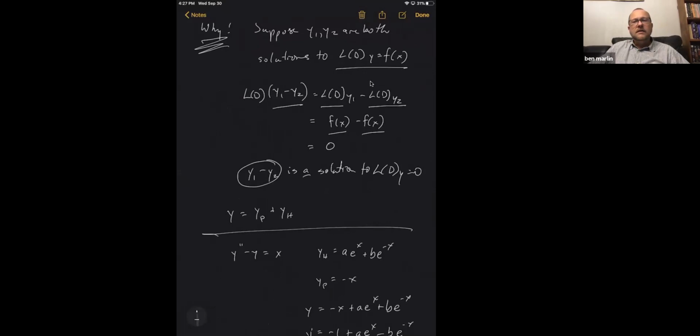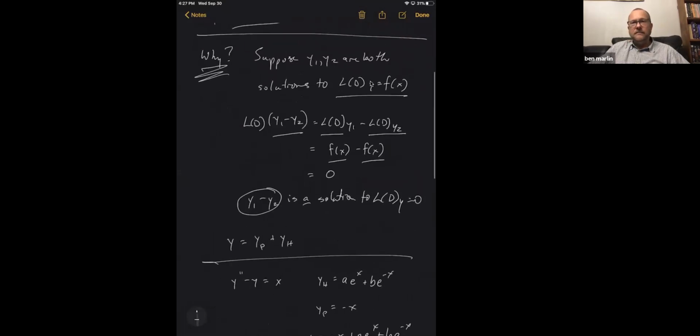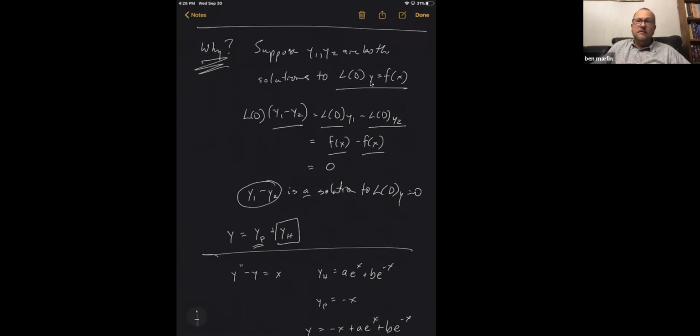So because that is a solution, by going back and choosing different y1s and y2s, you could have lots of different solutions. In fact, if you look at all the possibilities, that would be the general solution to the homogeneous equation. So if you can find just one solution to the non-homogeneous differential equation, then you can find them all.